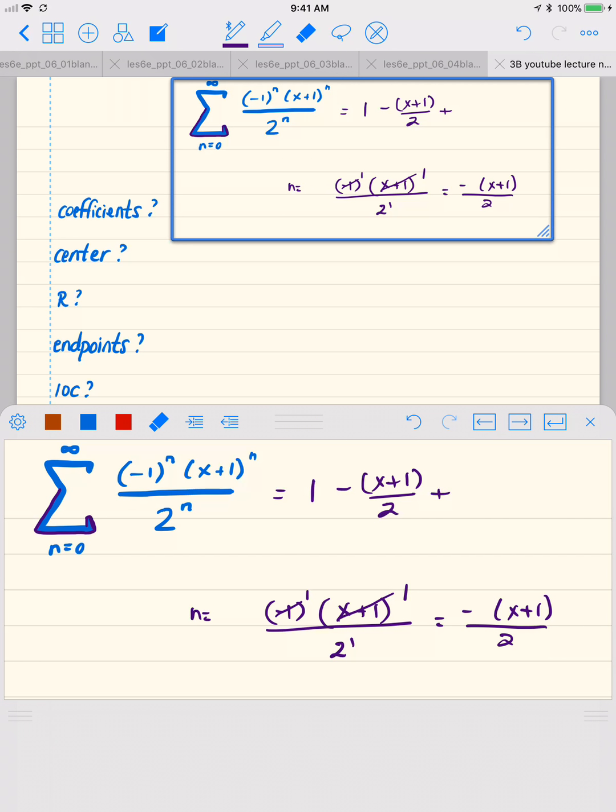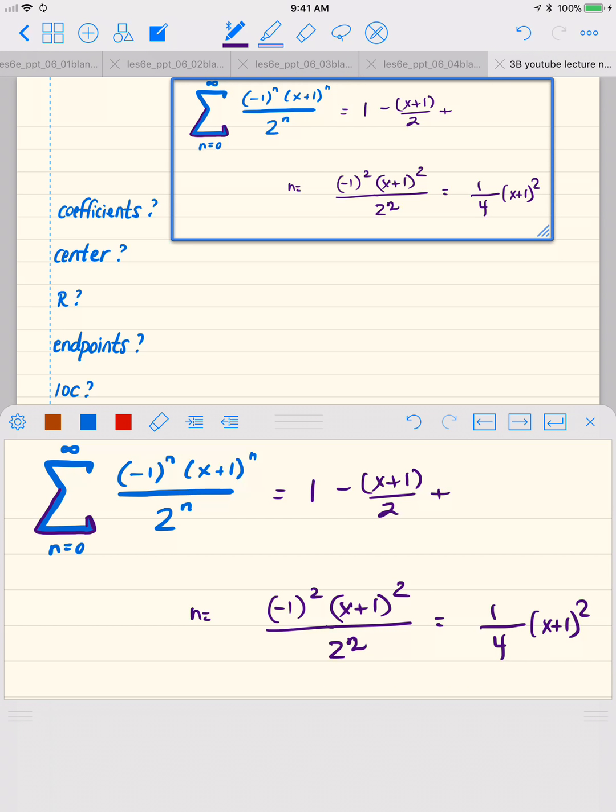And what about when n equals 2? I guess I shouldn't have crossed those out. So if n equals 2, we'll have negative 1 squared, x plus 1 squared, over 2 squared. So that'll be over 4, 1/4, and then x plus 1 squared. So it'll be plus 1/4 x plus 1 squared.